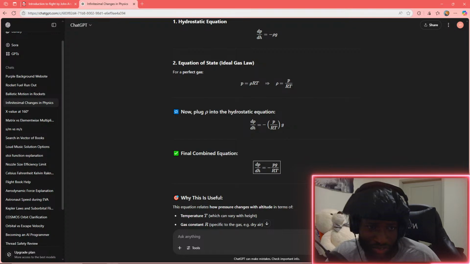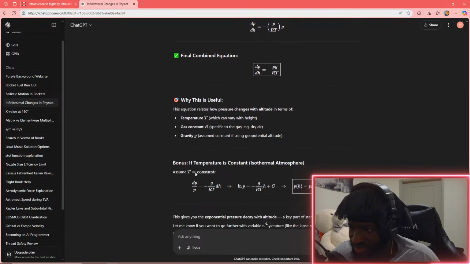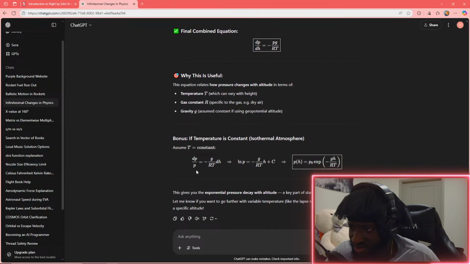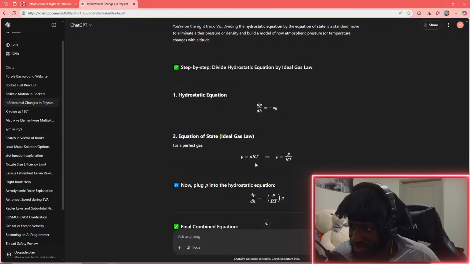Ask him why pressure here is equal to N over V. What do you mean?